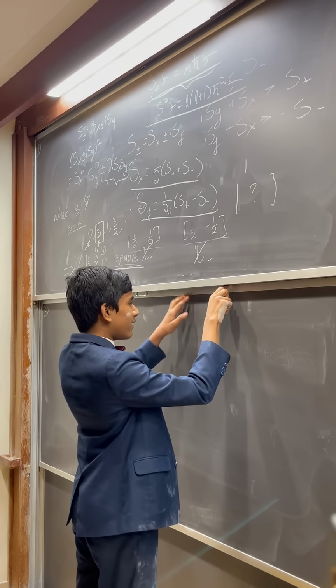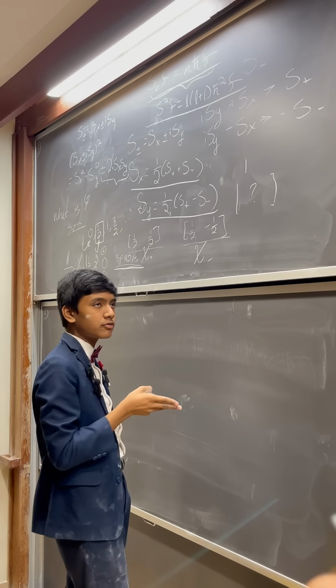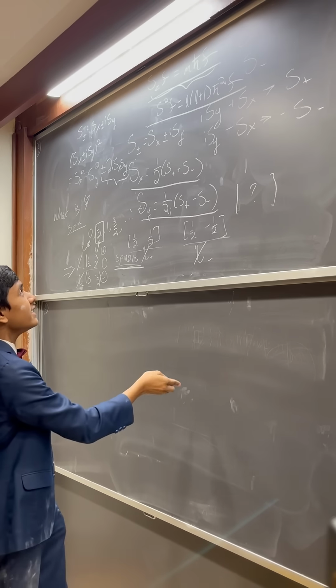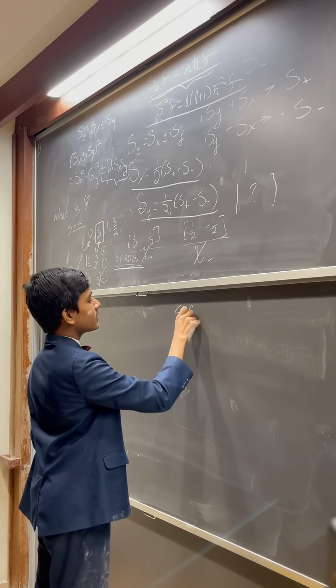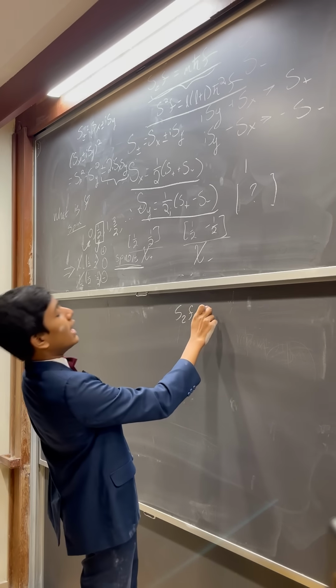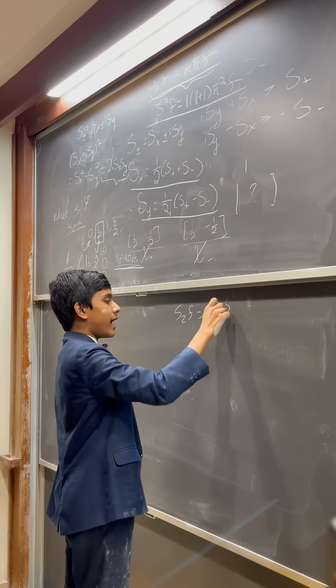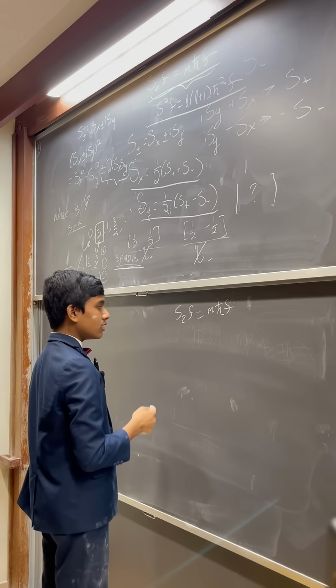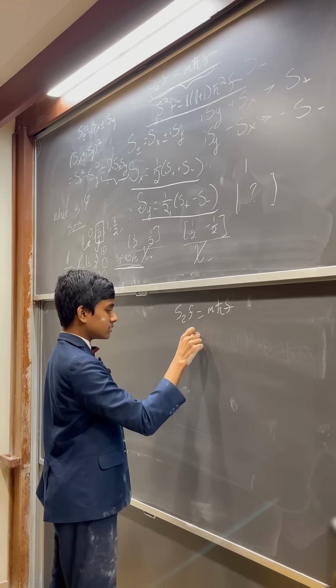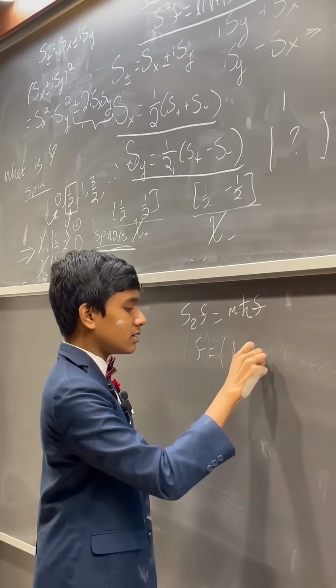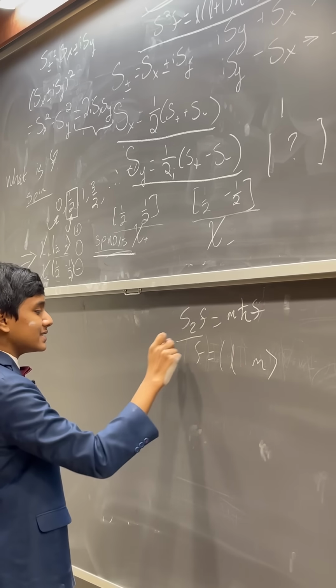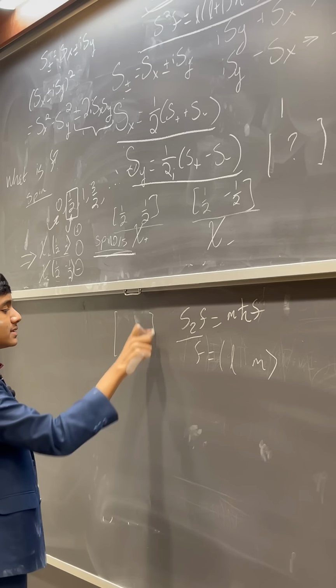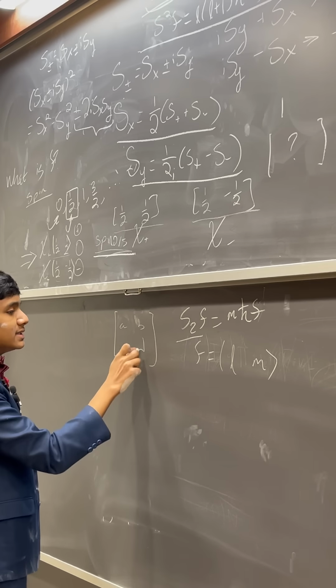I don't even have to put effort into actually solving the eigenvalue equation, which means that we can take SZ f is equal to m h bar f, and then say, well, f is going to be equal to l m. Then what is SZ? Well, let's say it's a matrix A, B, C, D. I don't know.